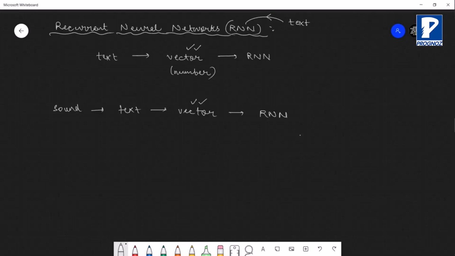In case of algorithms, we don't entertain alphabets or text corpus as such. Because of which, if you are giving text as input, it might happen that it will not be able to realize what it is supposed to do. Okay? And that is why you are supposed to convert that text into number and that number gets fed to RNN.